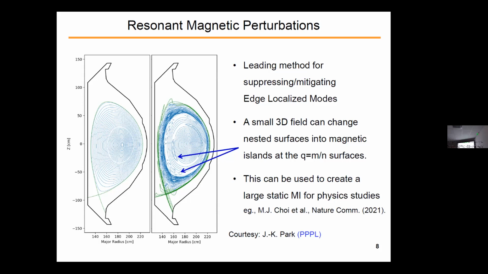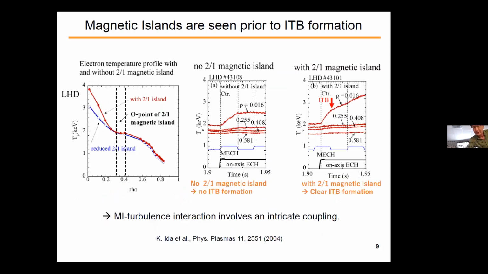On the other hand, if we are creative, we can induce magnetic island so that we can stabilize some ExB instabilities, such as edge localized modes. And this is from an LHD experiment in Japan.